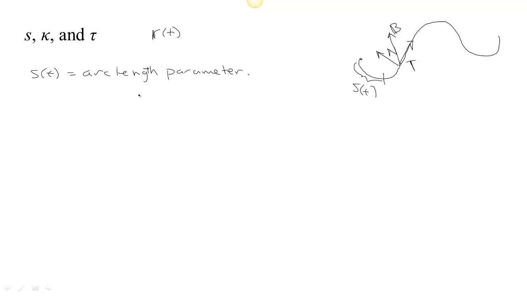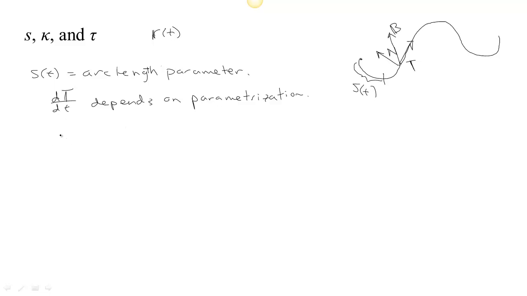But it doesn't make sense to look at dT/dt, because that depends on the parameterization that we use. We could have a parameterization that goes over the curve very quickly, or one that goes over very slowly. If it goes very quickly, then dT/dt will be large, right? Or if it goes over it very slowly, then dT/dt will be small.